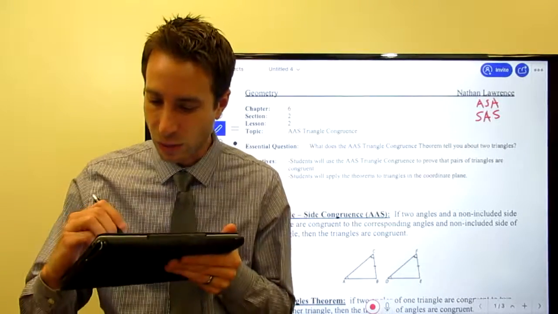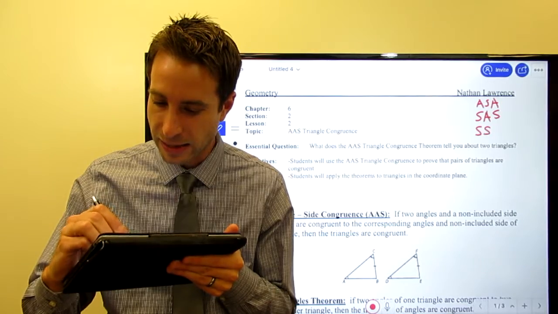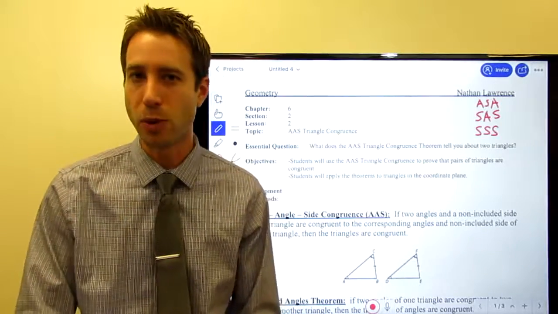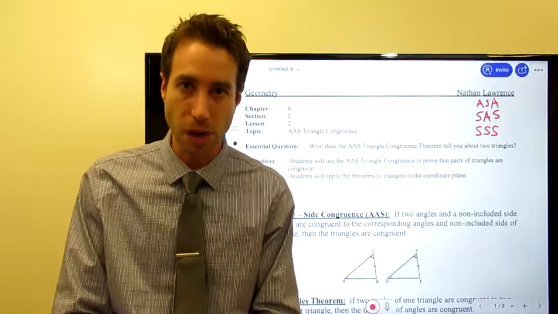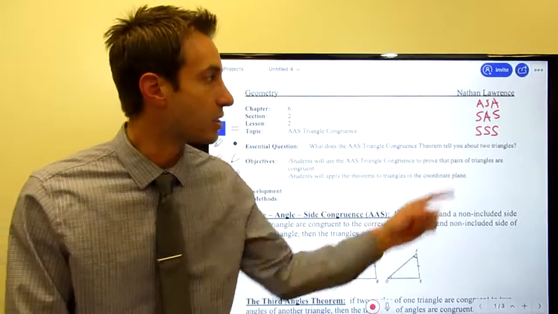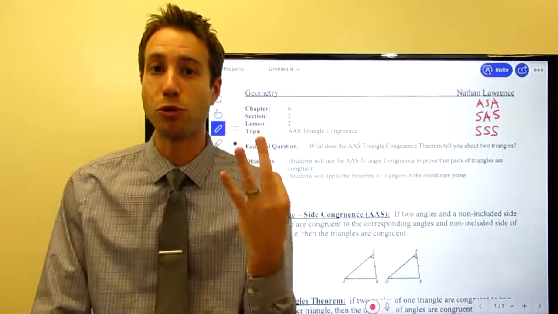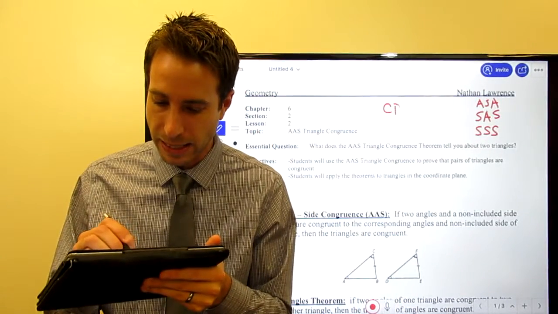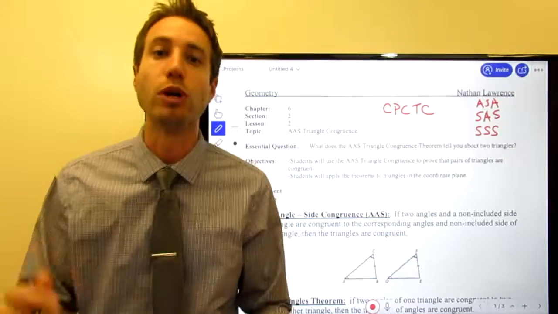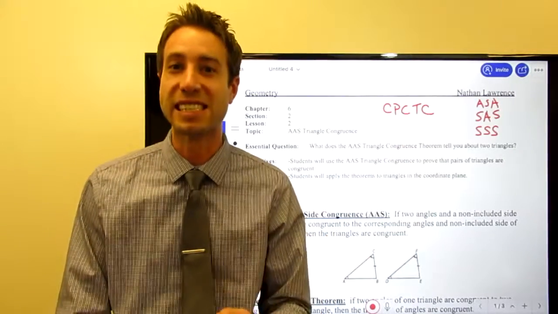Then finally, we looked at SSS. By simply showing that all 3 sides are congruent, you know the triangles must be congruent. And again, what was nice about this was I only have to prove 3 things, as opposed to CPCTC, which required me to prove 6 things.